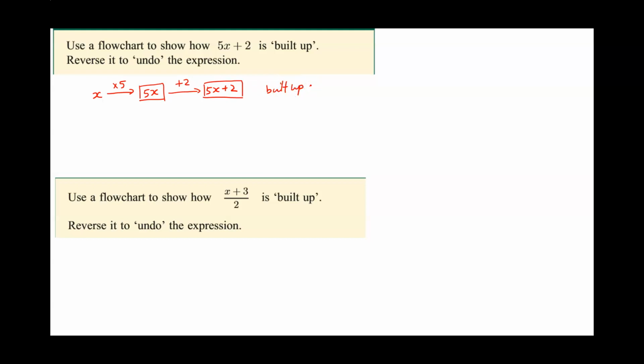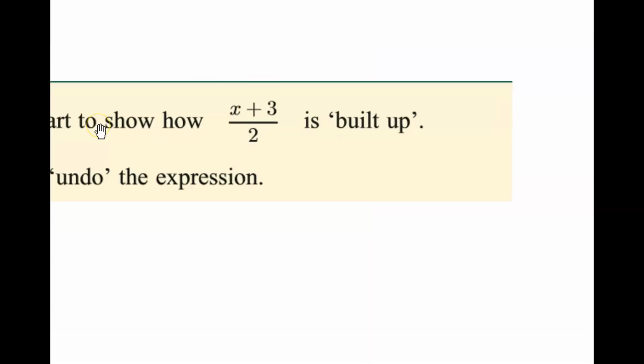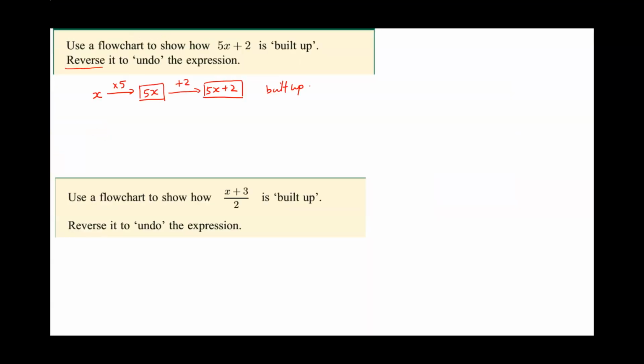If I want to undo it, I have to reverse it. So basically, if I want to build up, I start with x, but if I want to undo it, I have to start from 5x plus 2. I times 5 and then plus 2, so let's just take away 2.